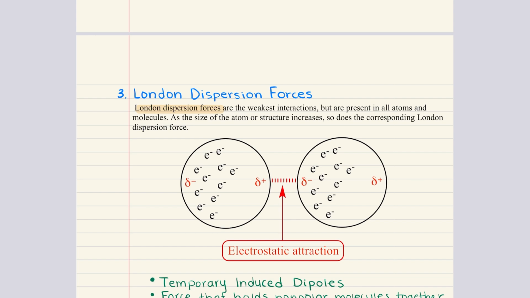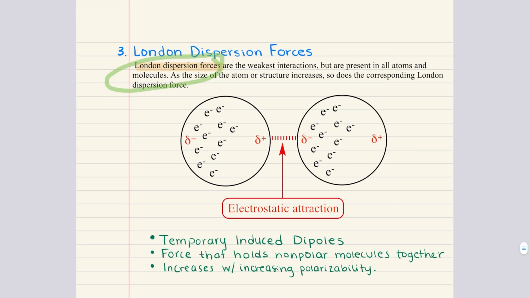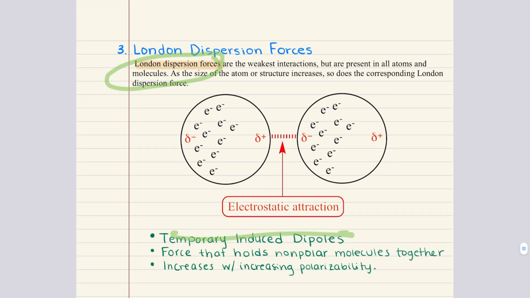London dispersion forces arise from temporary induced dipoles. So at any given moment, the electrons within an atom or molecule are constantly moving. This means that for a brief instant, the electron distribution can become uneven, and that creates a temporary dipole, which is a region of slight positive and slight negative charges.